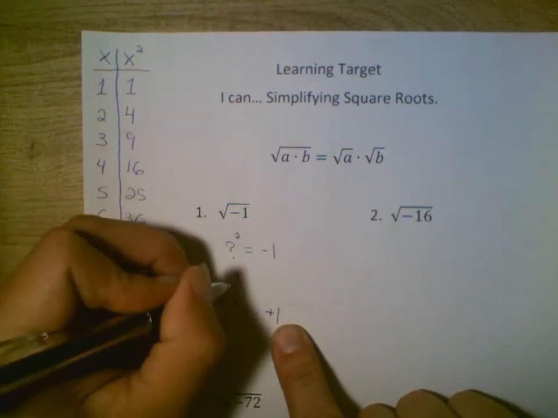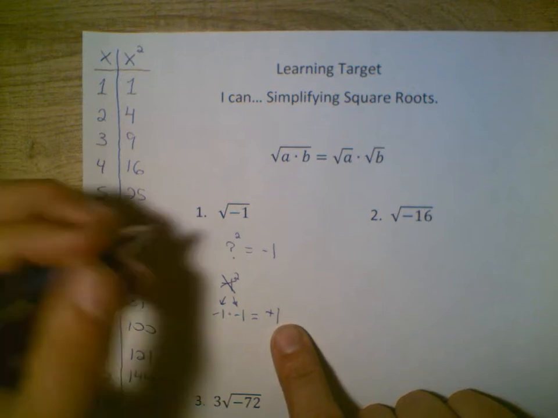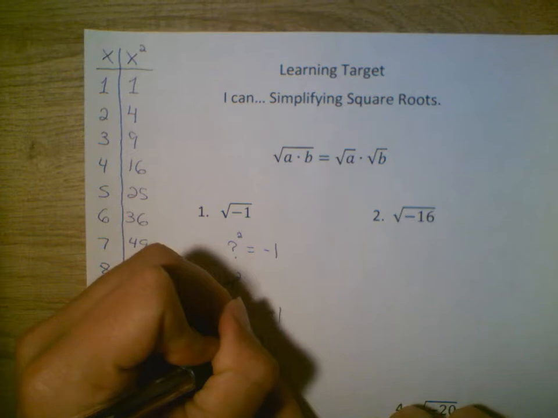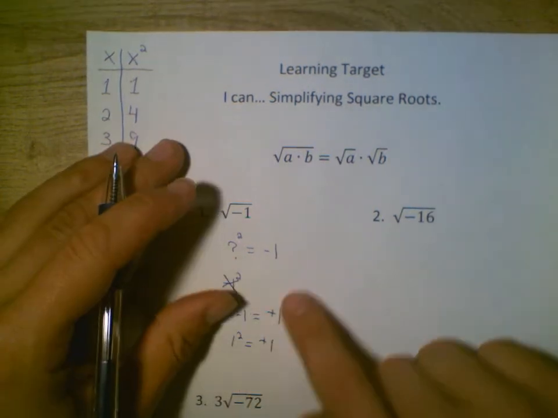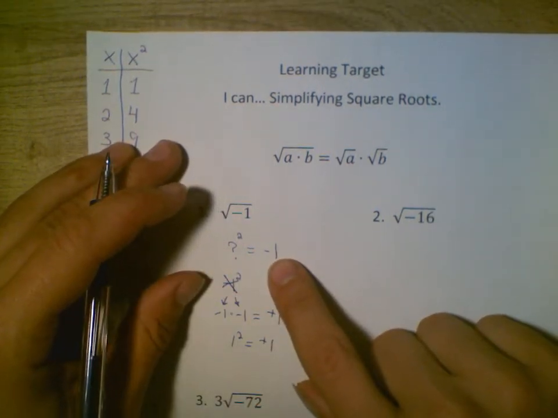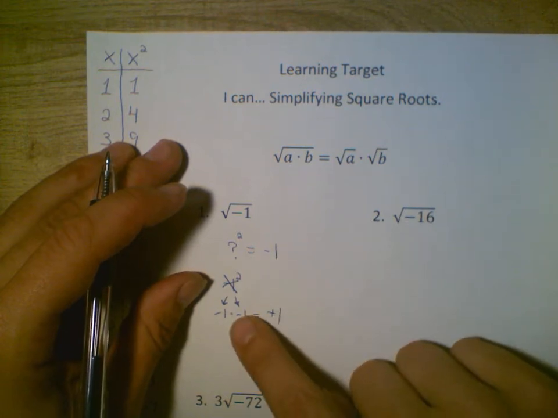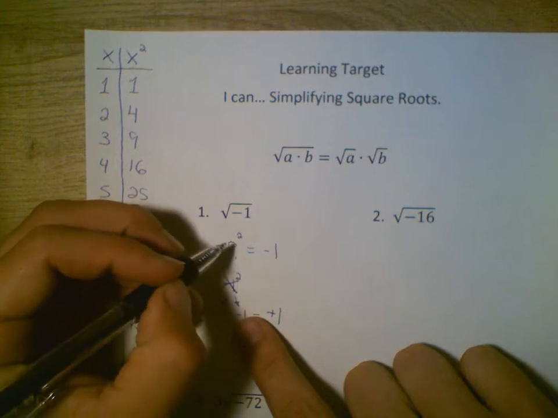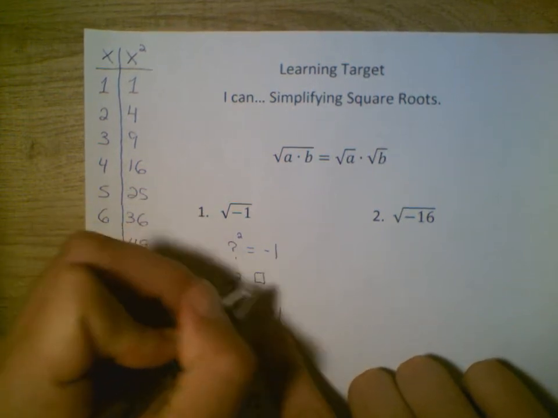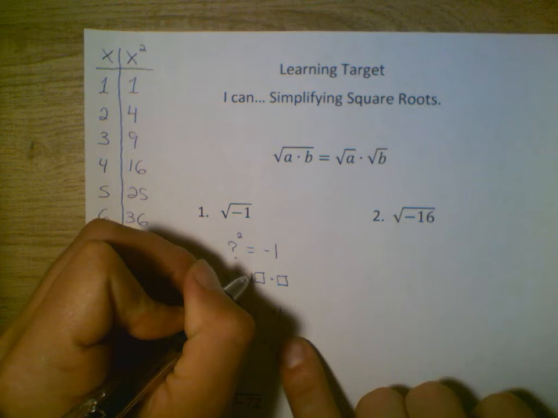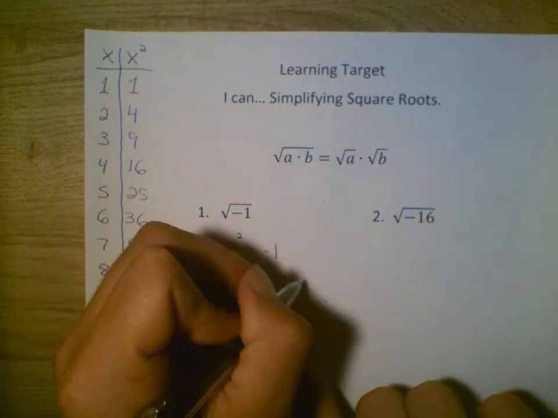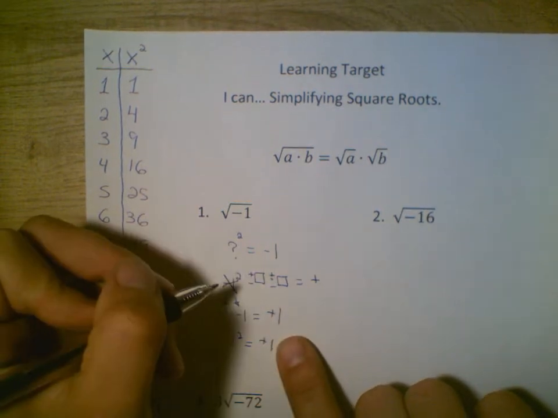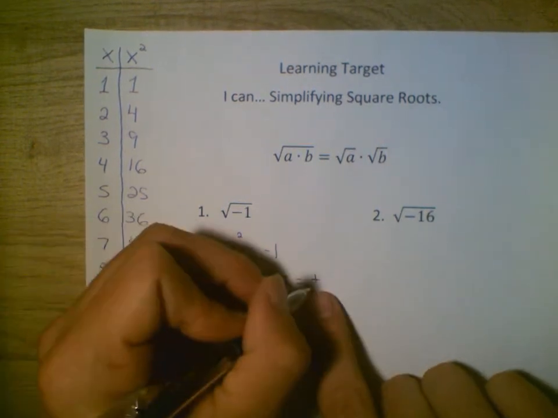So -1 doesn't work. If you tried +1 and squared it, 1 times 1 is just +1 again. You can't get a -1 no matter what number you try to square, because when you take a number times itself, if both are positive, your answer has to be positive, and if both are negative, negative times negative, your answer would still be positive.